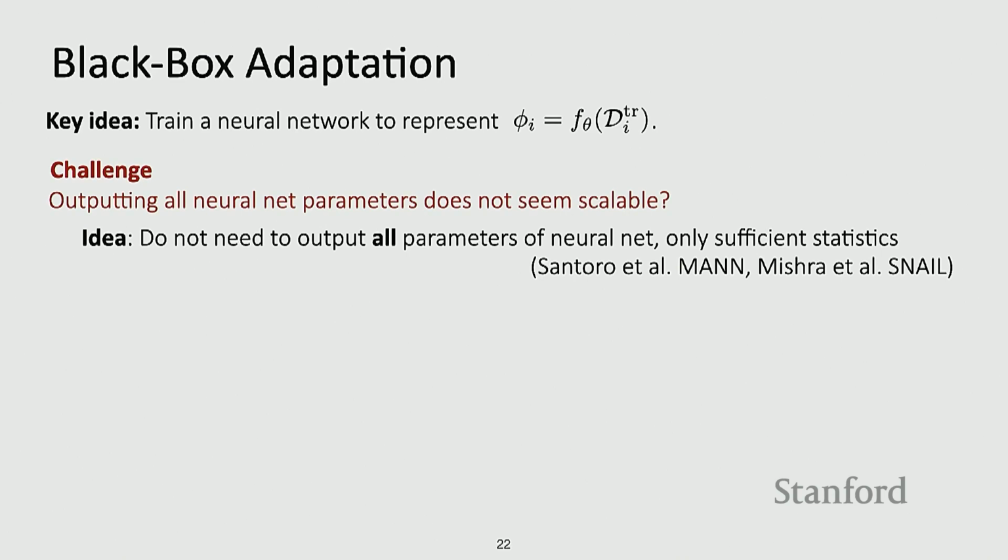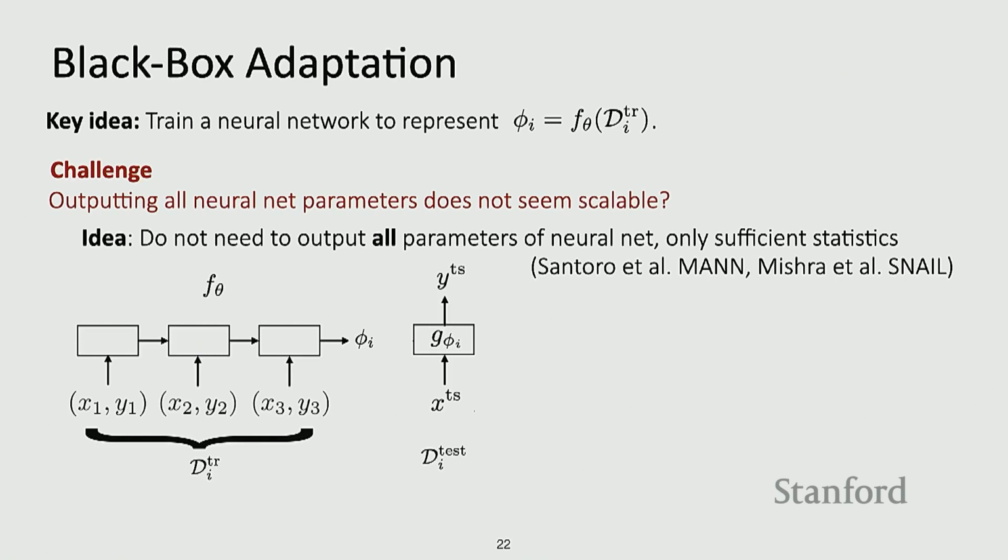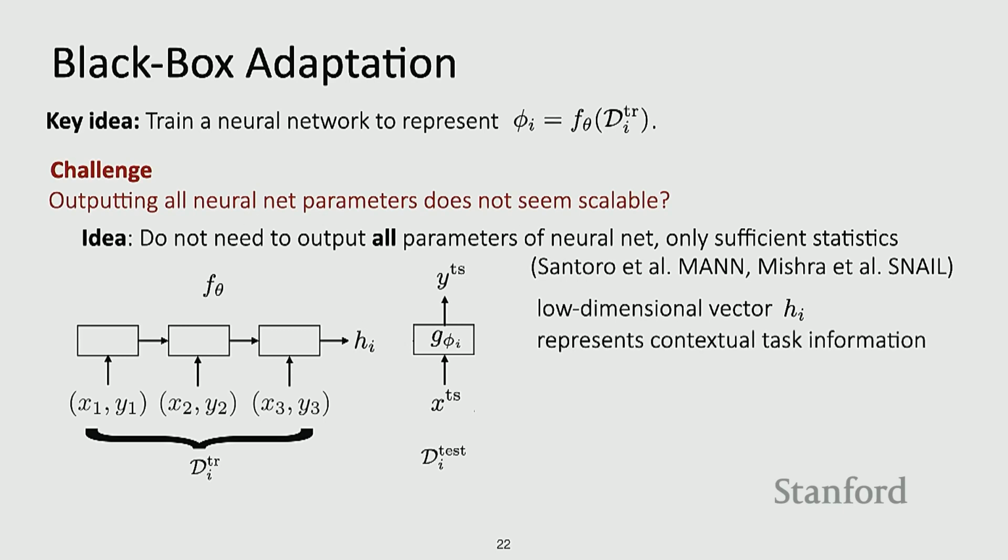And so one way that you could look at this is we can take the diagram that we had before and replace phi with some sort of hidden vector, like that of a recurrent neural network. We'll have this low-dimensional vector h i, and this can represent contextual task information, and you could have other parts of G that share some parameters with theta, so it's using both theta and h i in order to solve the task.